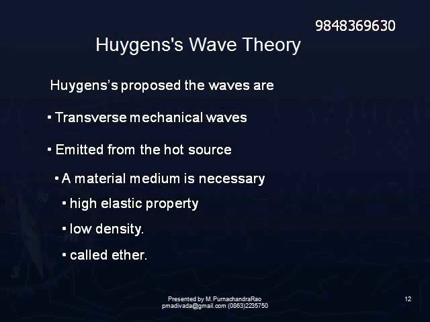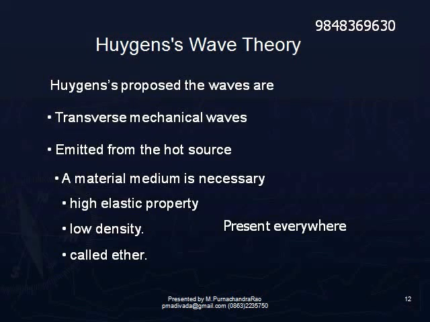So, he imagined a highly elastic medium, a medium with high elastic property. Young's modulus is very, very high, and the density is very, very low. To get very high velocity, he imagined a new medium, and he called it ether.